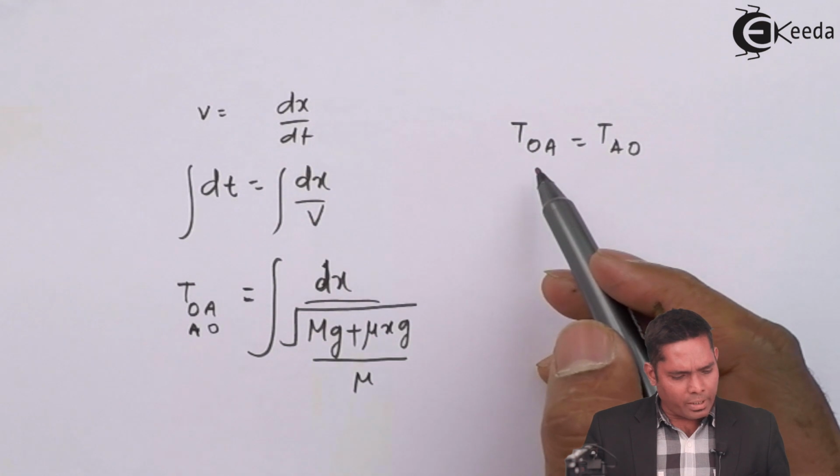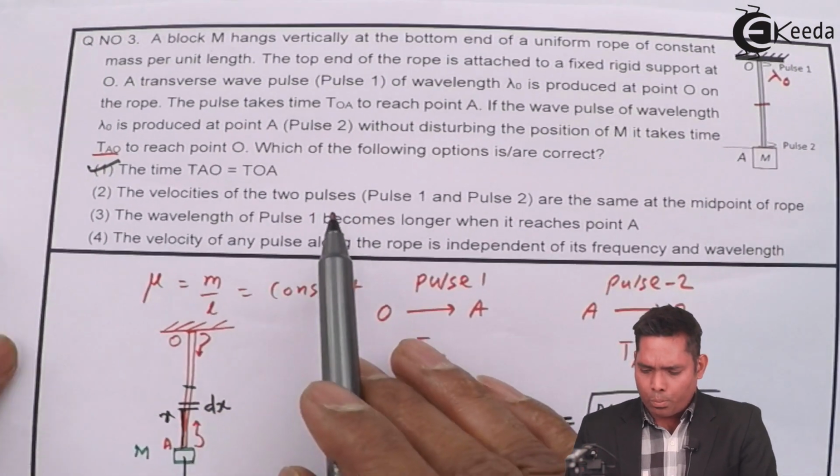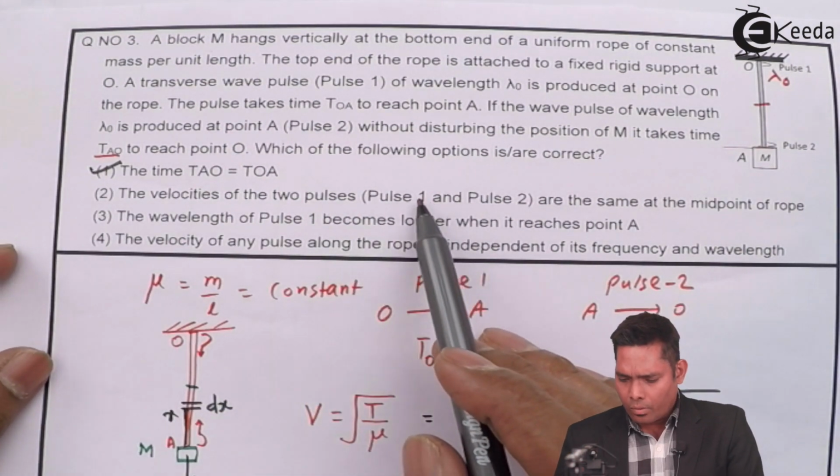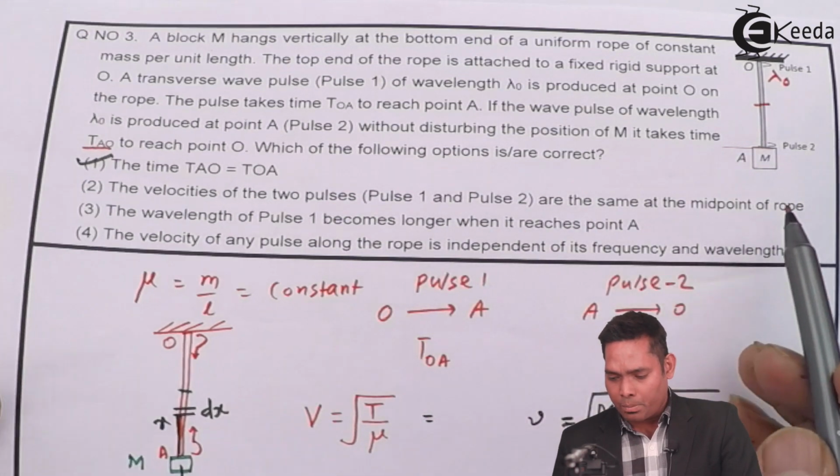Next we have to find whether the velocity of two pulses is the same at the midpoint of the rope.